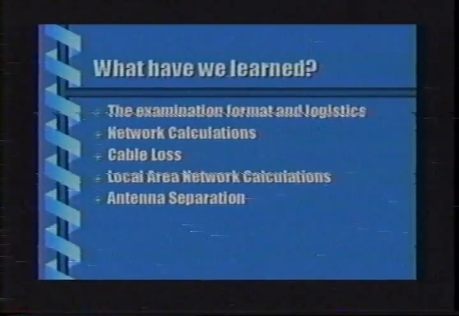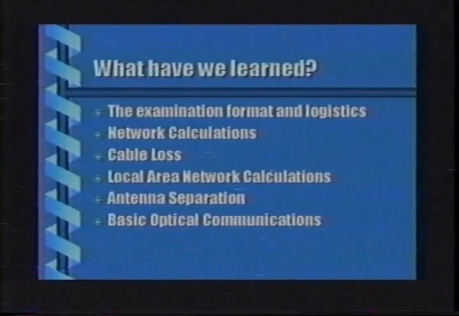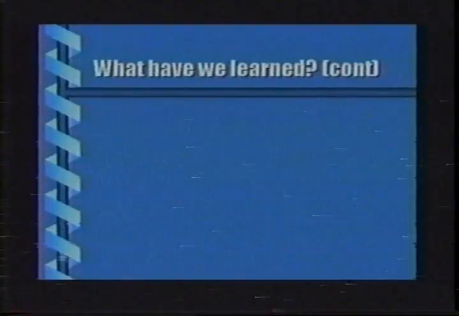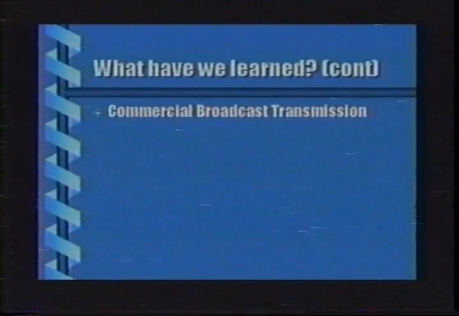We did a very simple problem involving the minimum separation between antennas. We did a problem with basic optical communications, although it was more of an electronics problem than a communications problem. We reviewed some principles surrounding commercial broadcast transmission, AM, FM, and television.